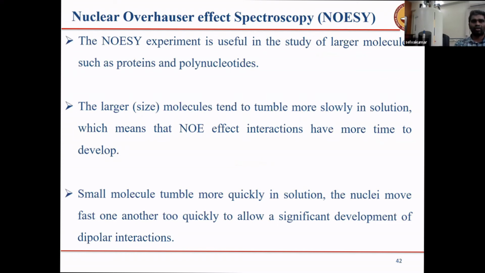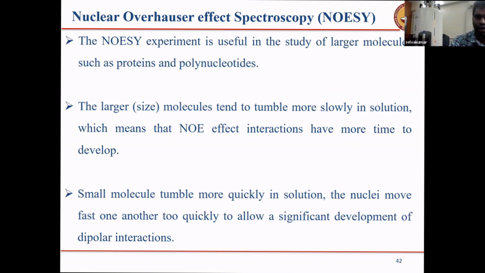The NOESY spectrum is useful for larger molecules such as proteins and polynucleotides. Larger molecules tend to tumble more slowly in solution, which means the NOE interactions have more time to develop the NOE signals, and we will get a good NOE spectrum. Small molecules tumble more quickly, so we won't get good NOE spectra.